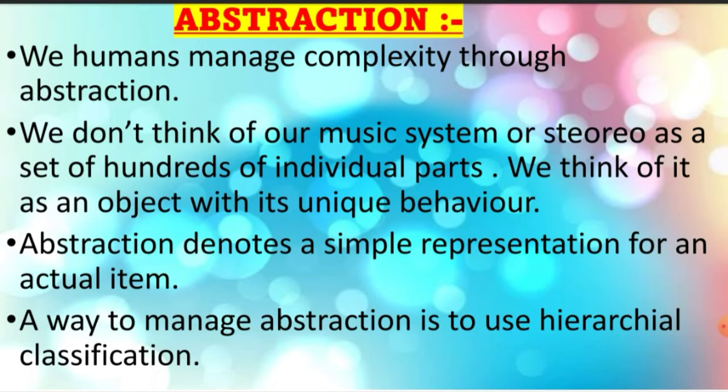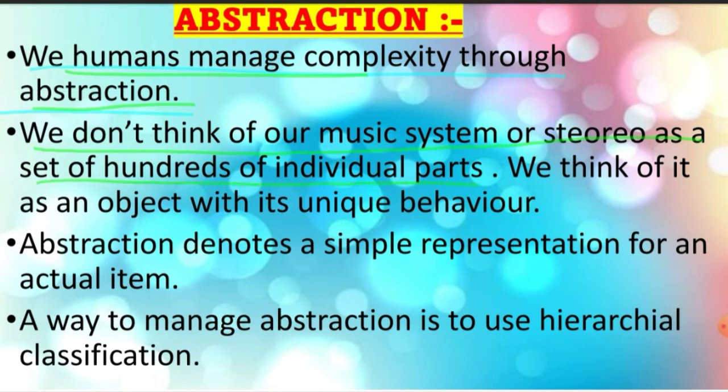Now let's go through all the important things. We humans manage complexity through abstraction. It means that internal representation of an object is generally hidden from view outside of the object's definition. We don't think of a music system or stereo as a set of hundreds of individual parts. Do you think so?